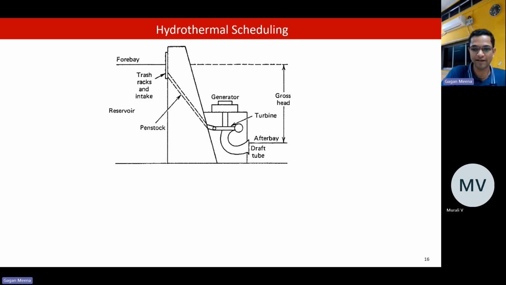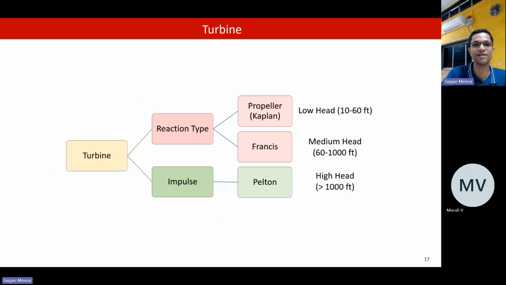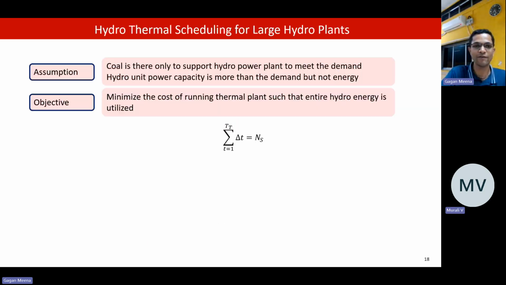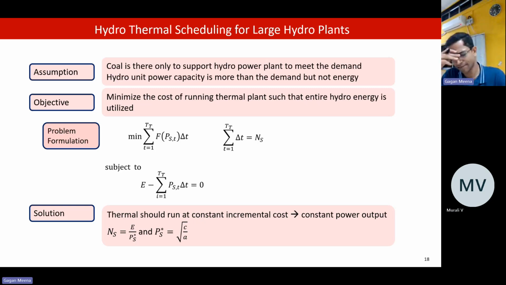So I was saying this one. The first case was this, where the hydro is very large and thermal is there only to support the hydro for a few hours. Here the assumption is that the hydro has enough power capacity.